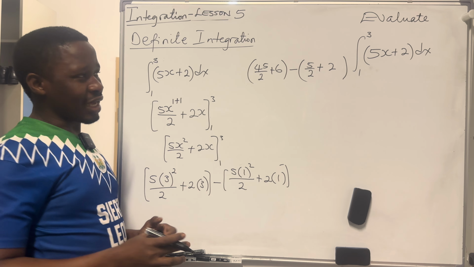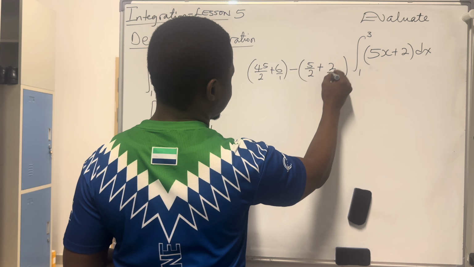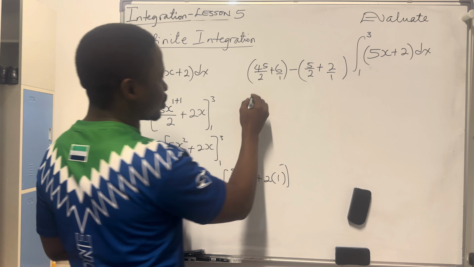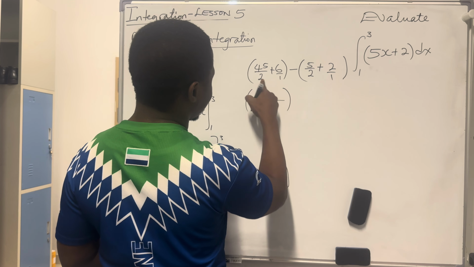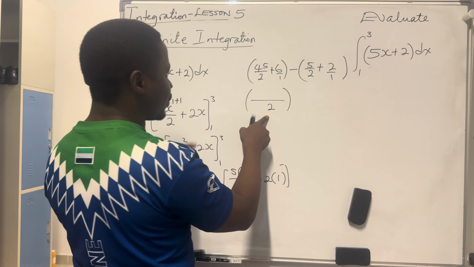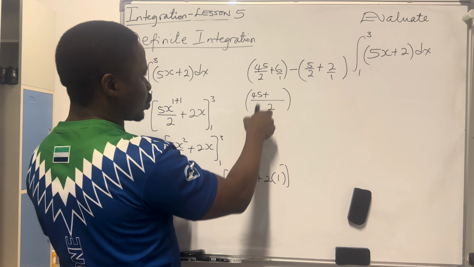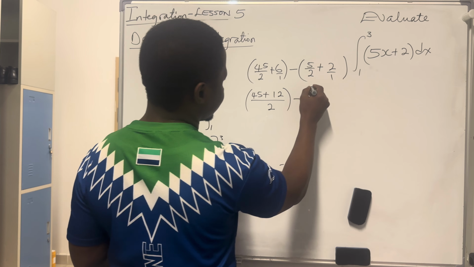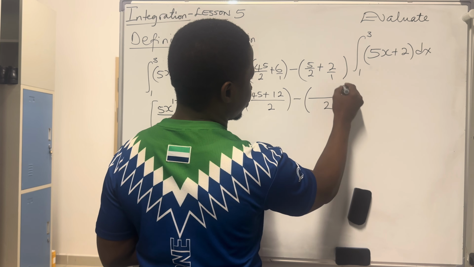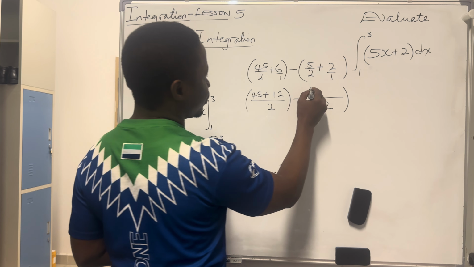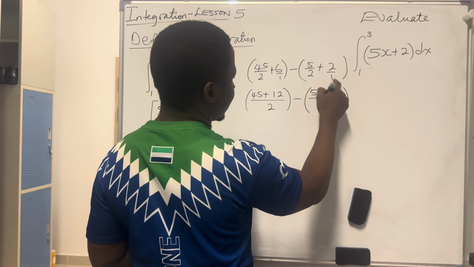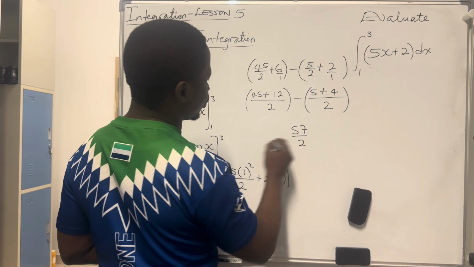I hope it is clear. So this is 1, this is 1. This is just like normal fractions now. The LCM here is 2. Into itself is 1, times 45, 45. Into 2 is 2, times 6 is 12. The LCM here is 2. Into itself 1, 1 times 5, 5. Into 2 is 2, 2 times 2, 4. So we have 57 over 2.